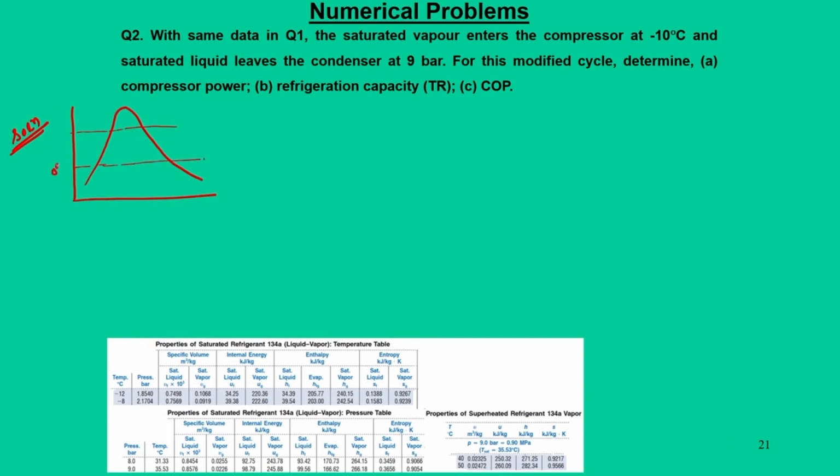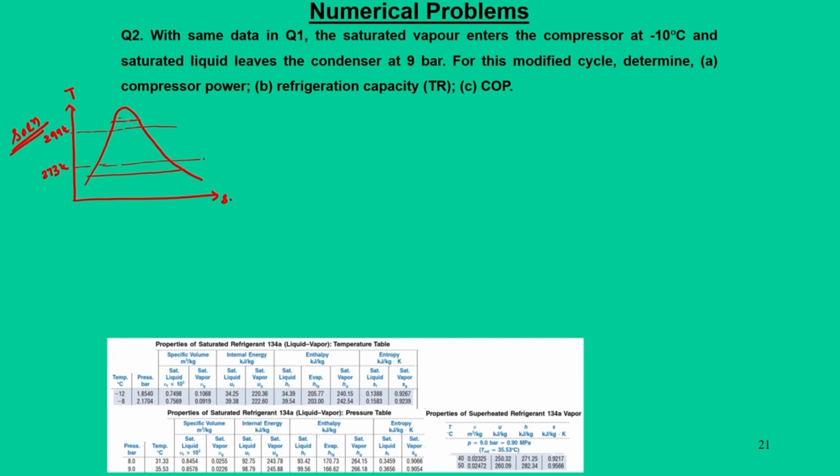So, we have 0 degree centigrade, 273 Kelvin, and 299 Kelvin. So, this is the cold region and hot region temperature, but your cycle operates a little bit differently.